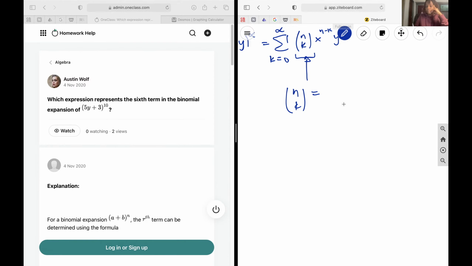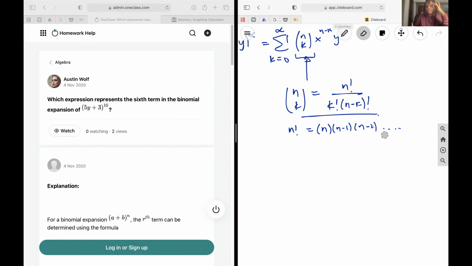N choose k is n factorial over k factorial times n minus k factorial. That's what it represents. N factorial is n by n minus 1 by n minus 2, up until you hit basically 1, because you don't want to multiply by 0. It's going to neutralize everything.